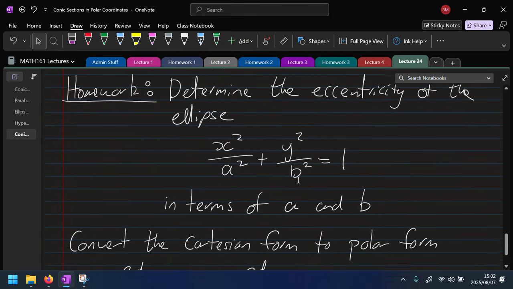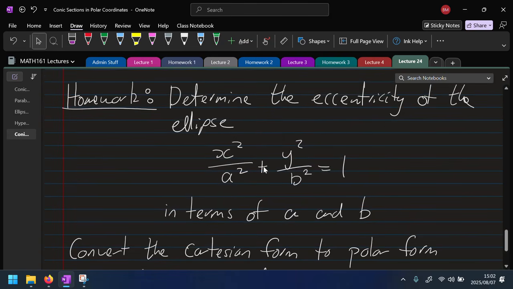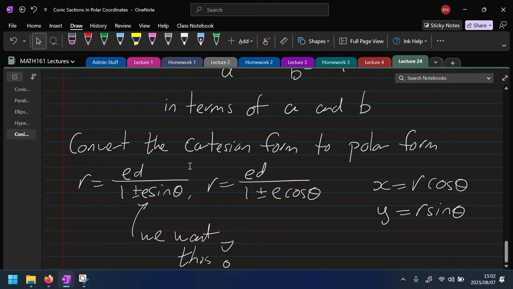So you're going to take x and y, substitute them in here, and see what r is. Put x in, put y in, solve for r. It will be one of those two. I'm not telling you which one. And then you see what your E is.